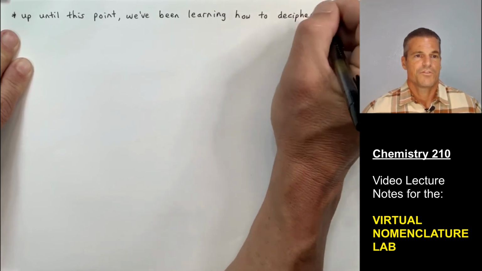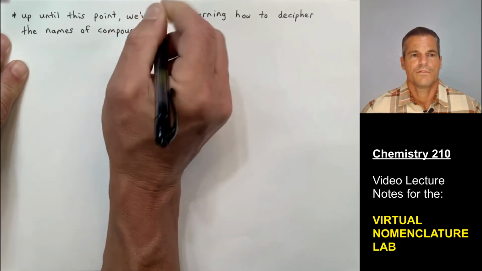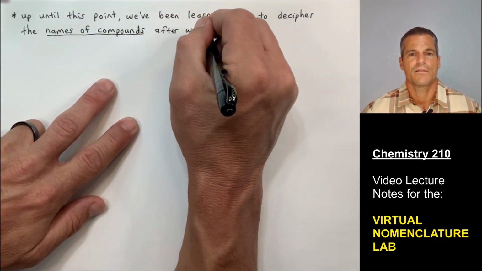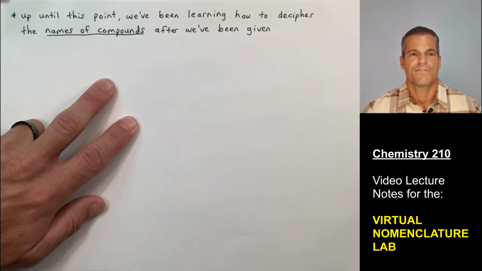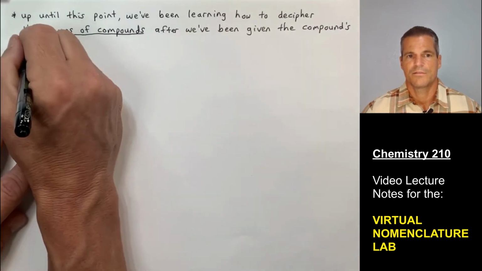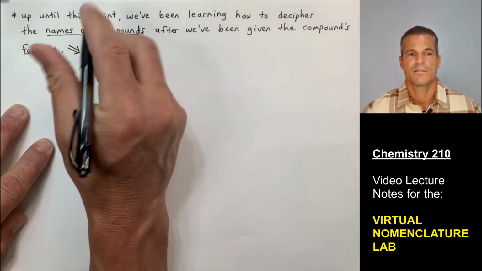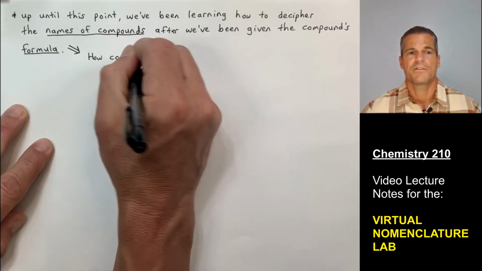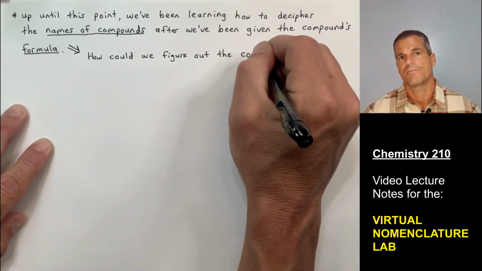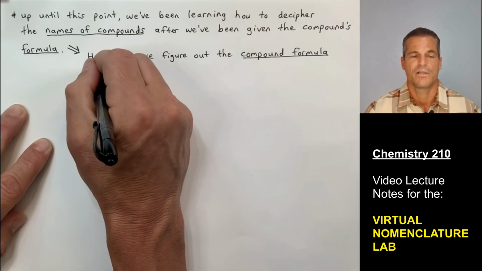All right, page 3 of our notes here. The notes say, up until this point, we've been learning how to decipher the names of compounds, whether they be ionic compounds or the covalent compounds we just discussed, after we've been given the compound's formula, the molecular formula, the ionic formula.